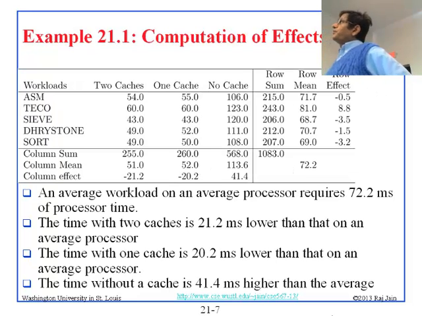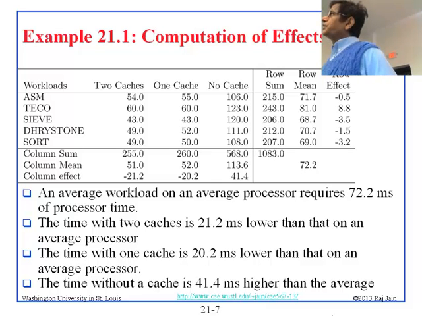So we do a row sum, row mean and row effect. Basically, we add up these things. This is the sum of these 3 numbers, this is the sum of these 3 numbers, and so on and so forth. Similarly, we add up the columns. Then we add up the overall thing, which is 1083, the sum of all of them, and divide by 15, we get 72.